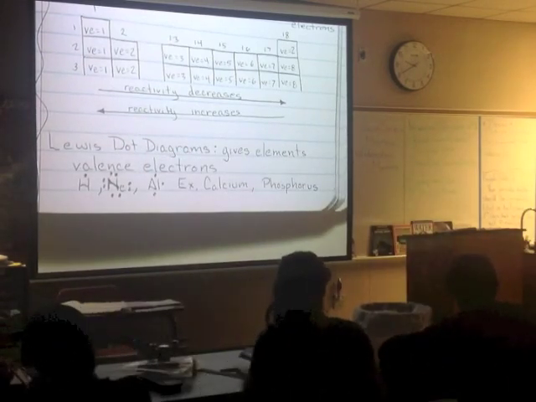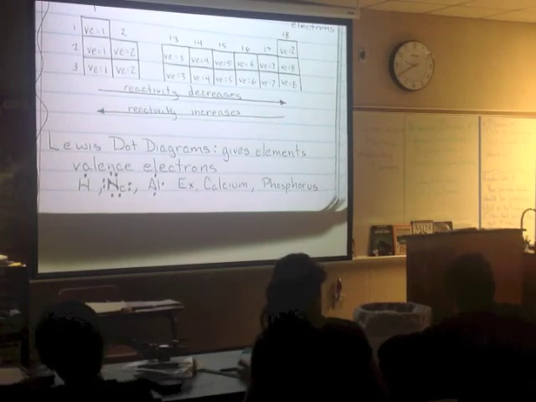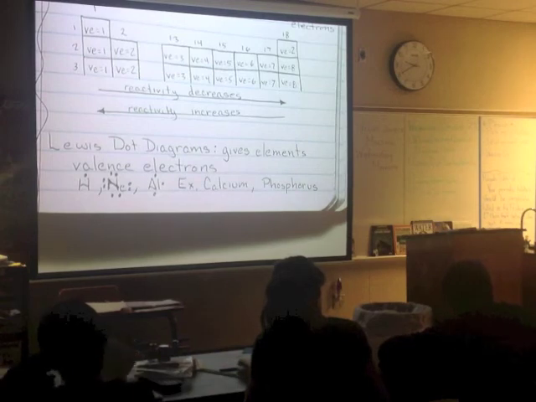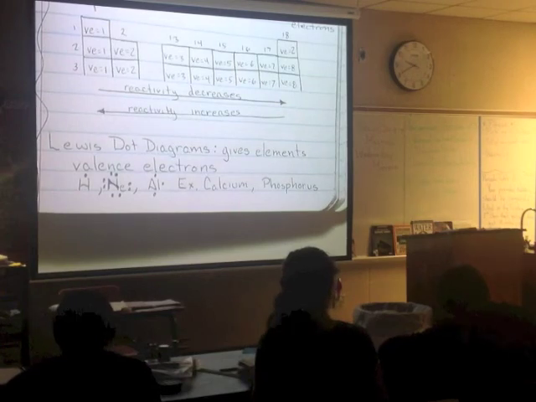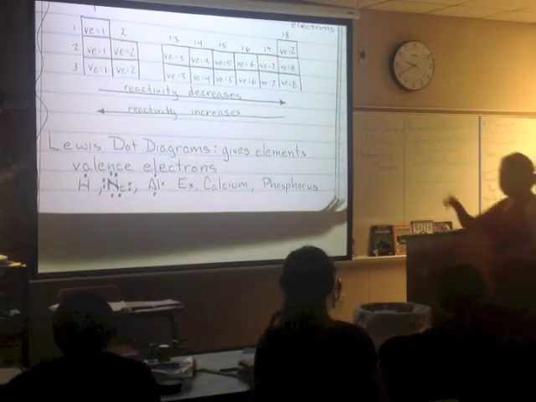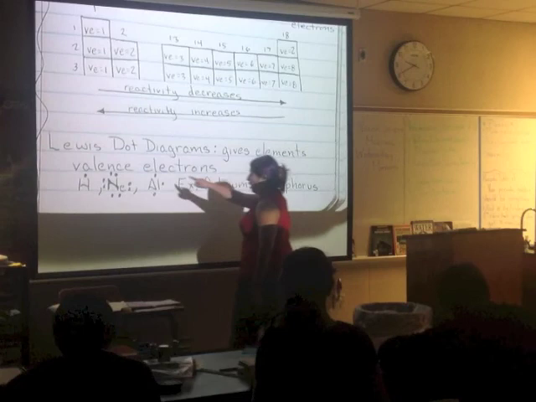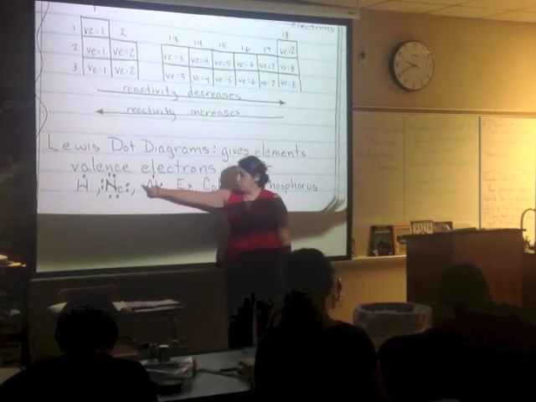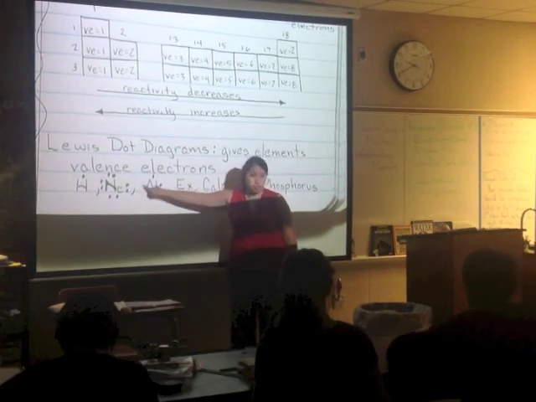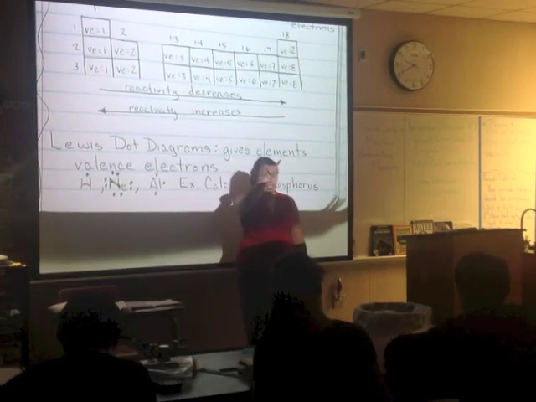And then you draw your dots. Usually you start at the top, and then you go around, and then you continue around. So you kind of start at the top and then go around.